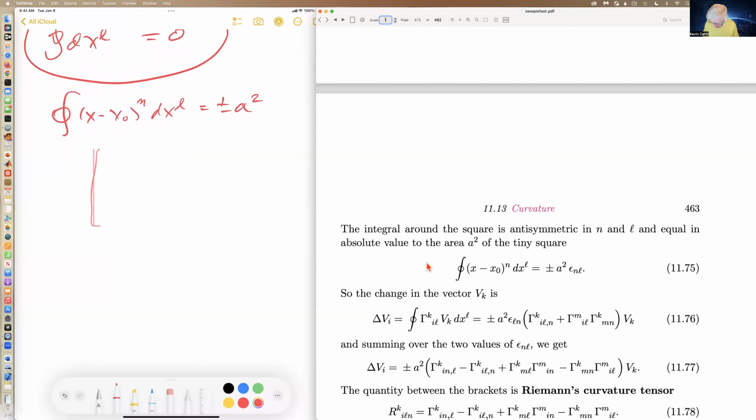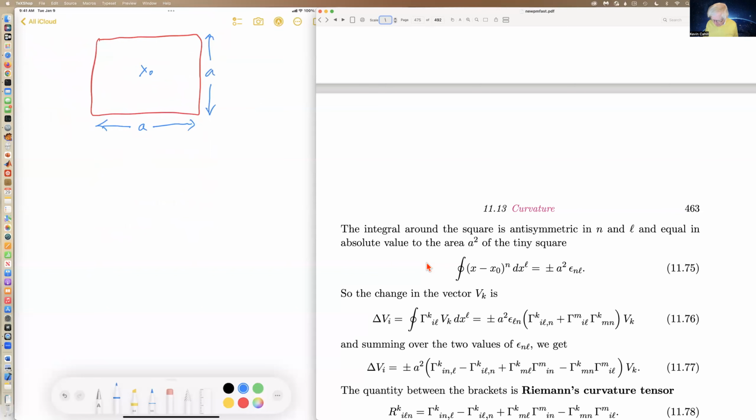So let's take the square, and I think I'm going to shift to blue now. Here's the point x0. This distance is a. This distance is also a. And I'm going to integrate around the square. Let's suppose this direction is the x direction and this direction is the y direction.